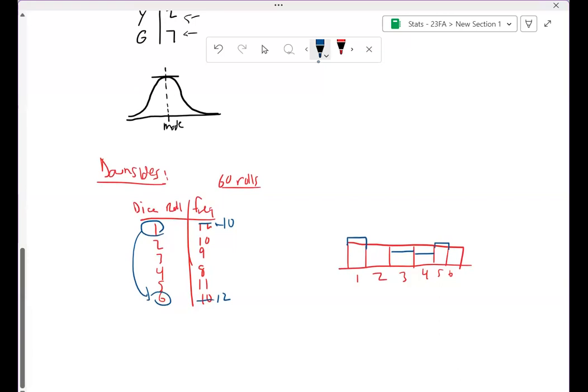I also have an issue that, let's say that I had gotten an 11 here, an 11 here. Well, now there's more than one class that has the quote highest frequency. Sometimes when there are two clear humps in the distribution, we might call it bimodal, because these distributions come up sometimes.